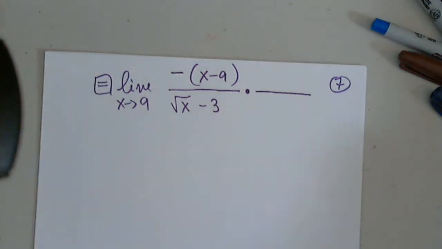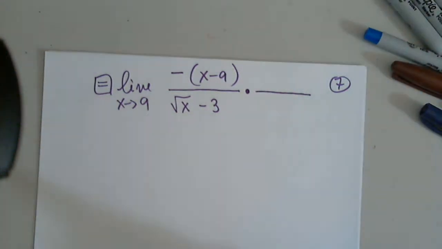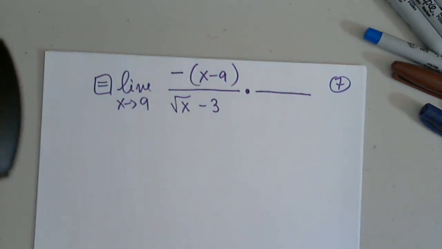What is that process I'm talking about? Anyone? What is it called? When we multiply and divide by the same quantity to simplify, especially when we have a radical expression.